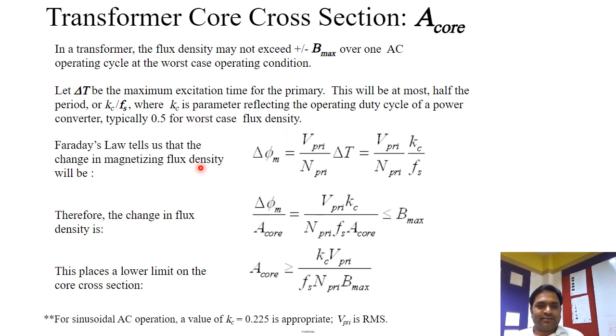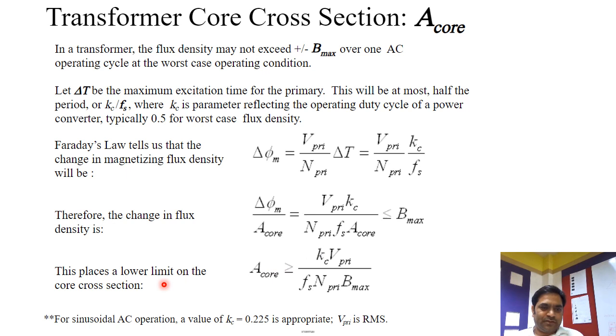Faraday's law tells us that the change in magnetization flux would be delta phi m equal to V primary upon N primary times delta T, and this delta T is Kc upon Fs. Therefore, the change in flux density, delta phi m upon A core, because B is equal to phi upon A, equals V primary Kc upon N primary Fs A core. This must be less than or equal to B max.